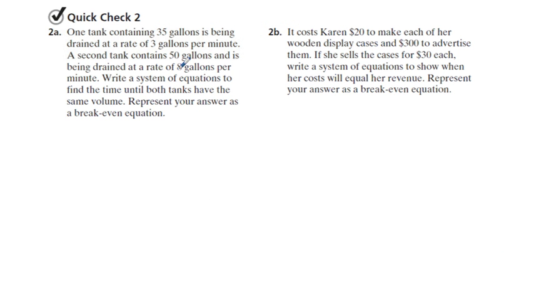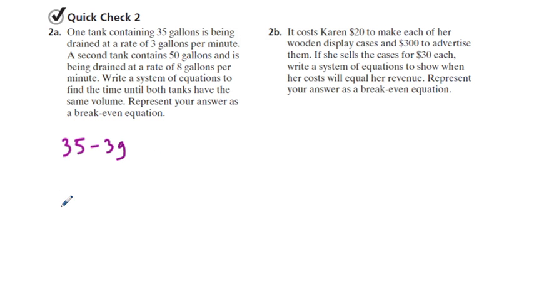One tank containing 35 gallons is being drained at a rate of 3 gallons per minute. So we'll say gallons equals G. So we have 35 gallons being drained at 3 gallons per minute, right?